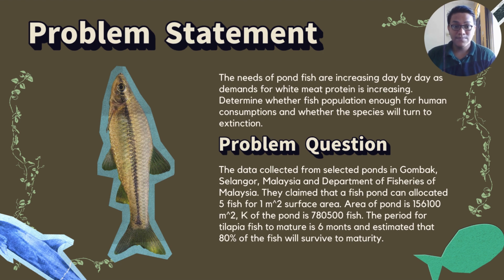They claim that a fish pond can allocate 5 fish for 1 square meter of surface area. The area of the pond is 156,100 square meters. K of the pond is 780,500 fish, and the period for the tilapia fish to mature is 6 months, and it is estimated that 80% of the fish will survive to maturity.